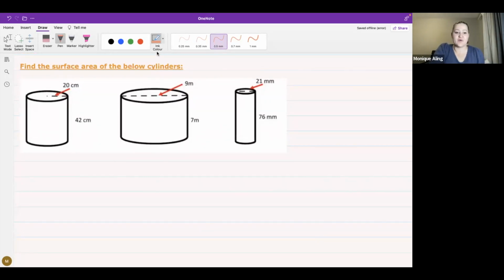Let's look at the first one. It's got a radius of 20 centimeters and a height of 42 centimeters.